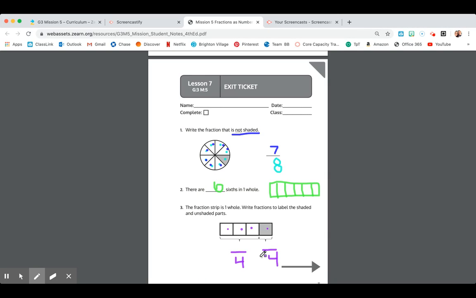How many unshaded fourths are there? There are 3/4 unshaded. So I can see there. And then 1/4 is shaded. Let's move on.